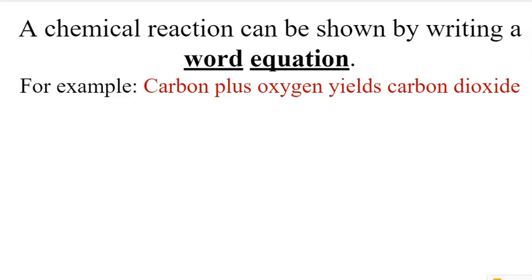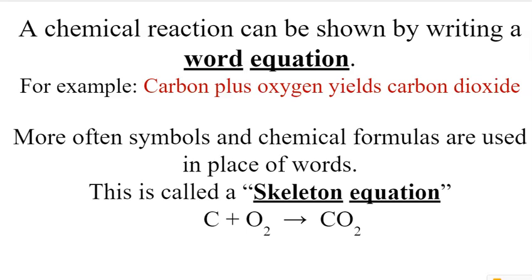So chemical reactions can also be shown by writing a word equation. For example, I could write carbon plus oxygen yields carbon dioxide. And then I can translate that into symbols. So I know the symbol for carbon, it's C, plus is a plus sign, oxygen, yields carbon dioxide.